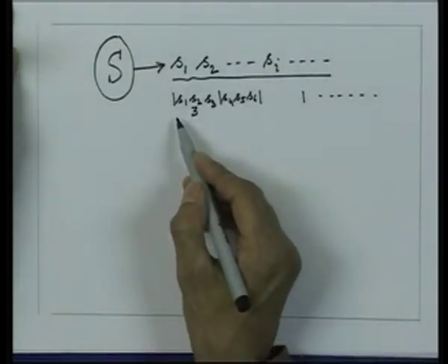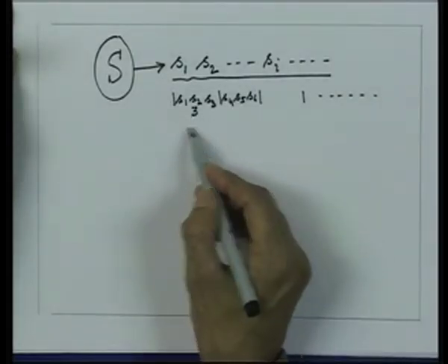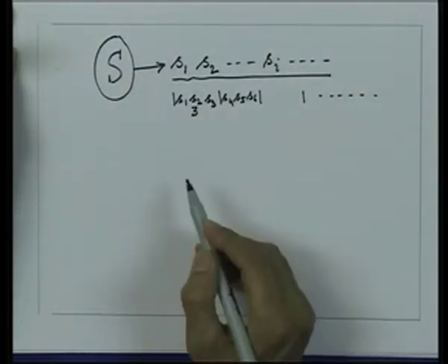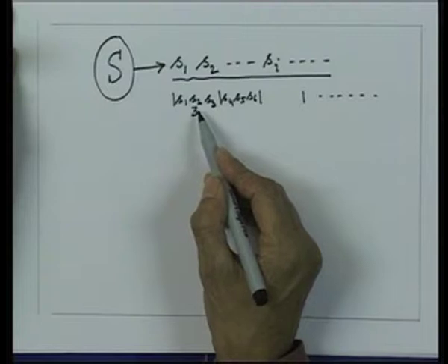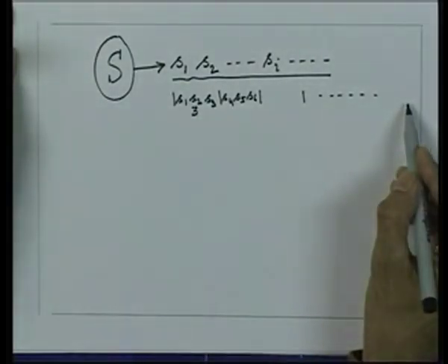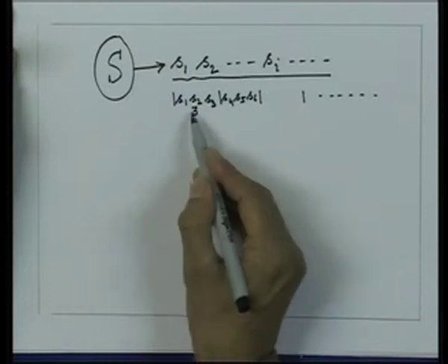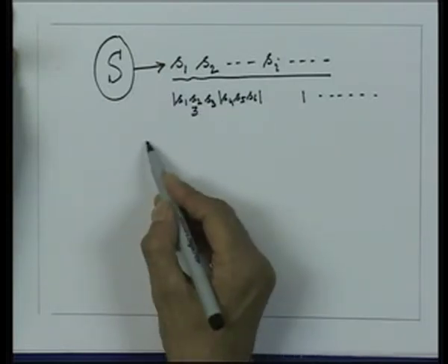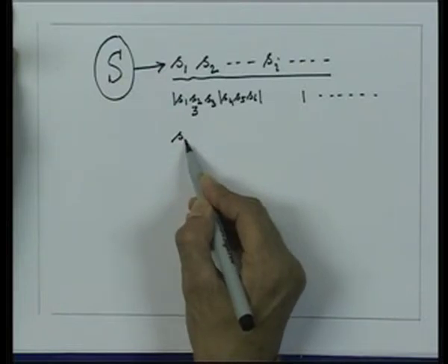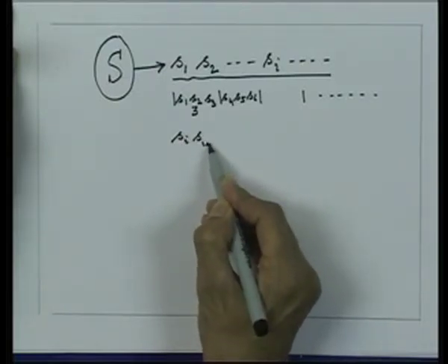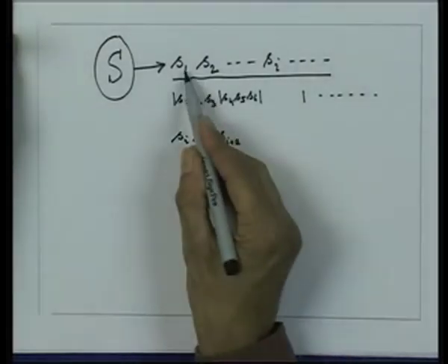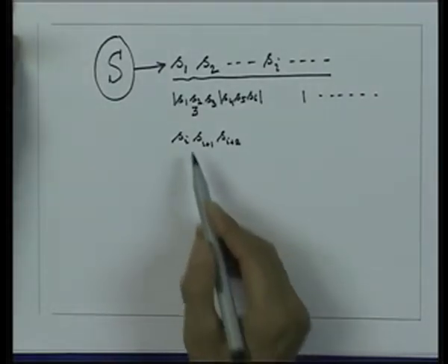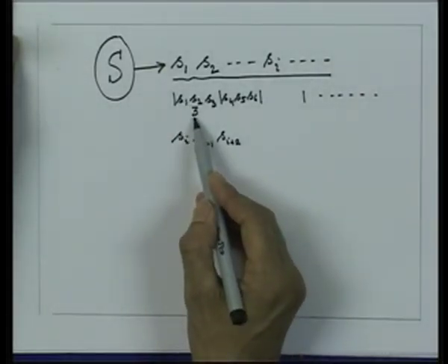Now, when I start looking at this output sequence in terms of blocks, I am forming new messages or sub messages out of this string, and these sub messages are formed out of symbols which are being emitted from this source S. So, in our case this is a block length of 3.